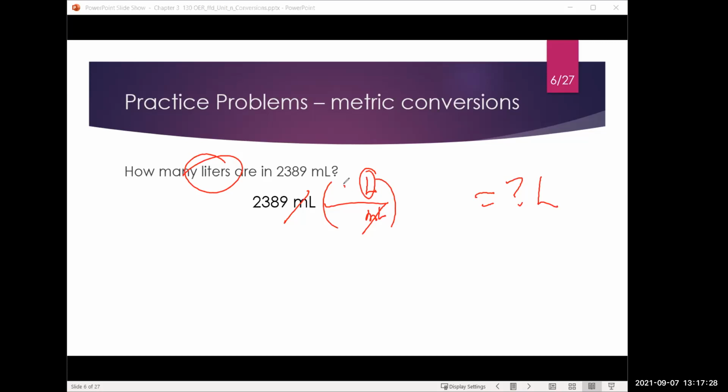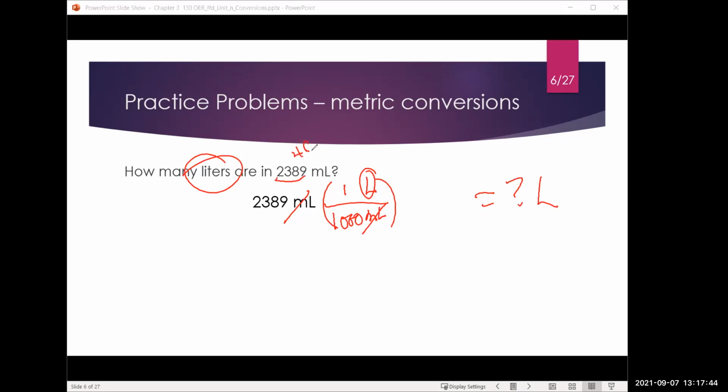Now I can insert the values that I need to insert, the conversion factors, and then just simply do the math. So I got 2,389 divided by 1,000. Now we have 4 sig figs here.